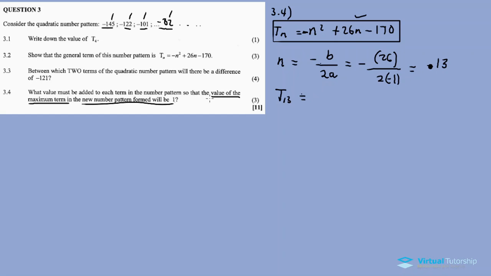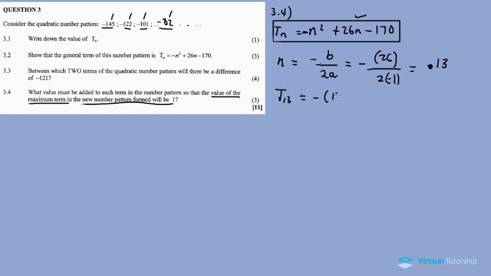So the value of the maximum term in the new number pattern formed must be 1. Look, we have found the maximum term for this pattern, and we must make the maximum term of the new pattern 1. Let's find the value of our 13th term.